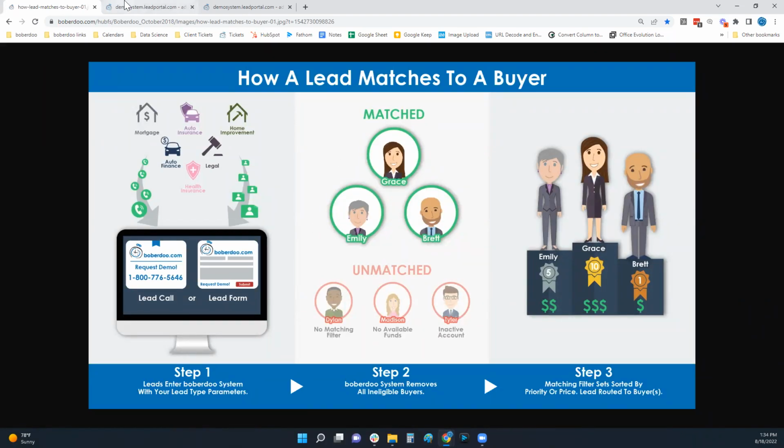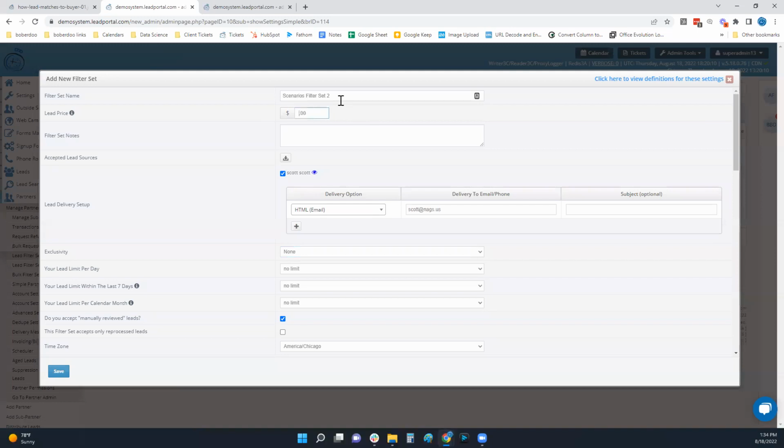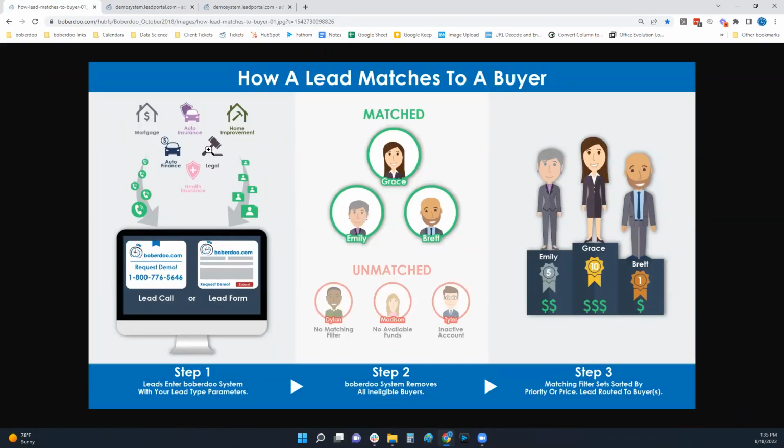Emily and Brett are at $6 each. So the bid is returned back to the vendor. Again, let's say it was 20%. So that would be $9.60 returned back to the vendor.